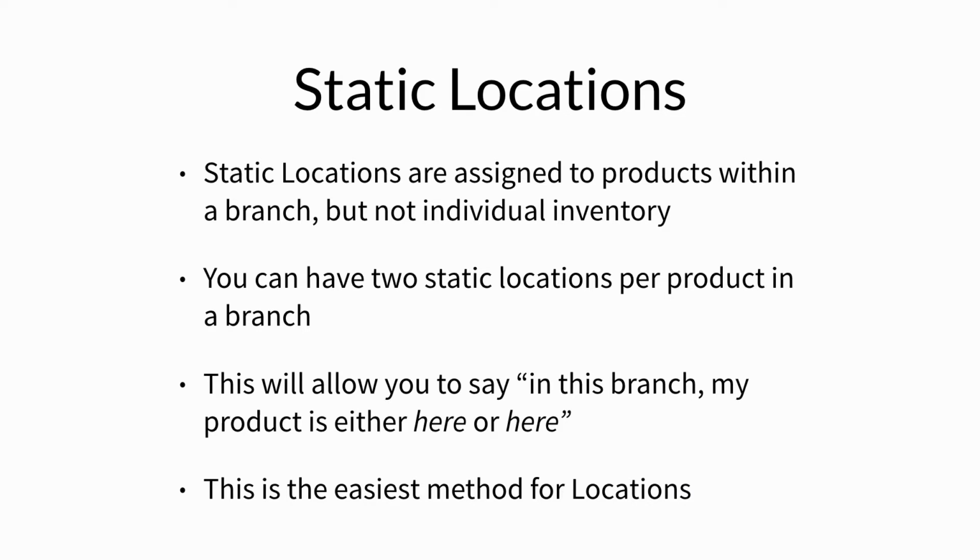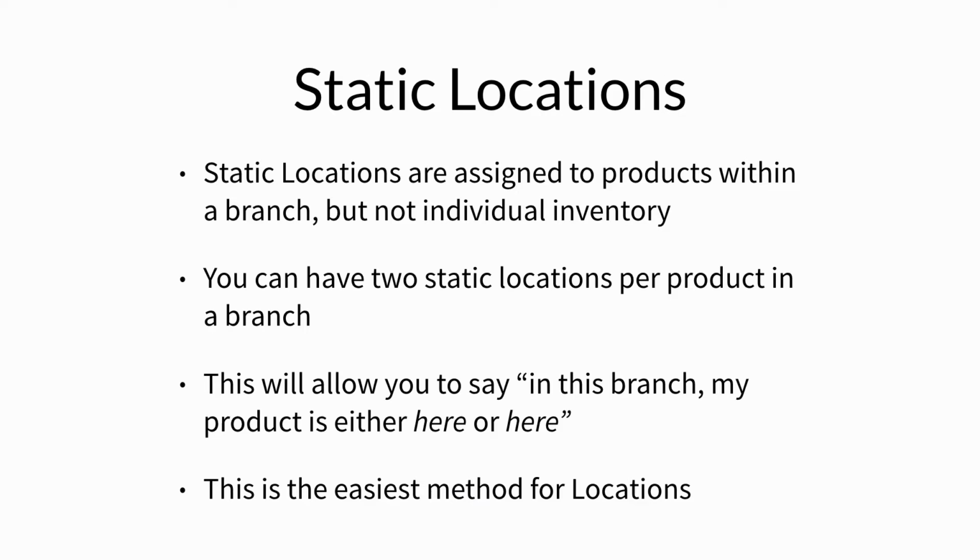And what that means is that for each product in a branch, it can appear in either two locations. So this will allow you to say, within this branch, this product is either here in the first location or here in the second location. You won't know how much inventory is in either, but you'll know that if I'm looking for this product, the first place I'm going to look is here, and then if it's not in here, I'm going to look in this other location.